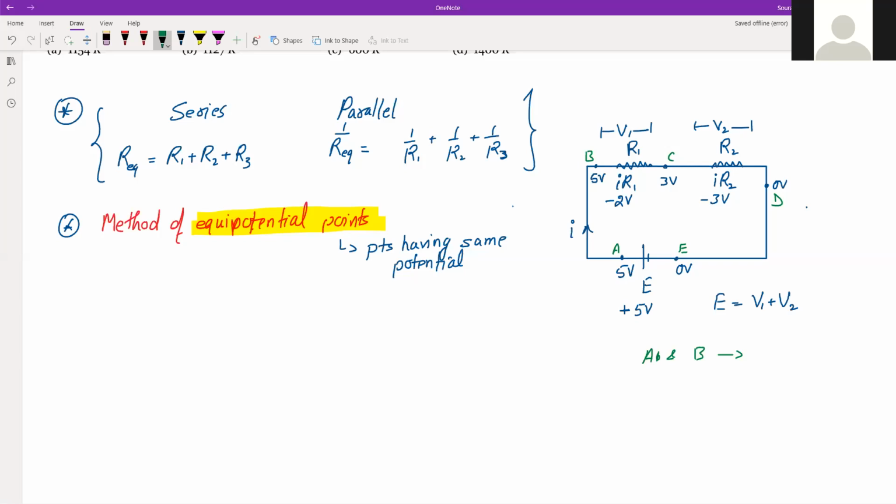So A and B are equipotential, and in the same way D and E are also equipotential, but the potential of C is different. So this is 5 volts, this is 0 volts, and this C, which is alone, is 3 volts. That is the potential at that point.